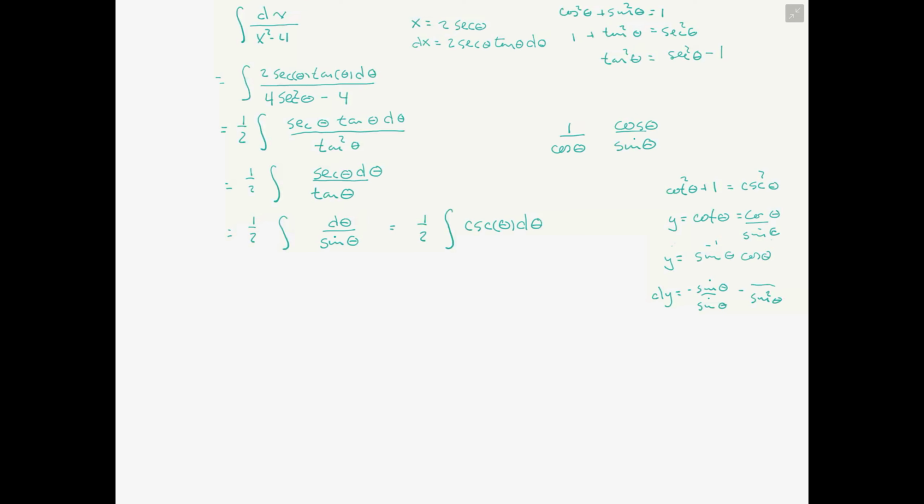And we have dy equals, now this is minus sine theta over sine theta, and minus sine squared theta over cosine squared theta, and that is equal to minus 1 plus cotangent squared theta, and that's equal to minus cosecant squared theta d theta.